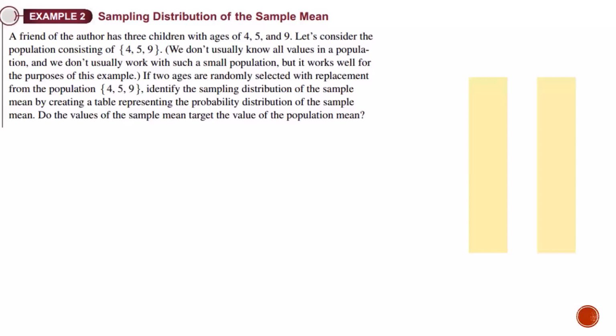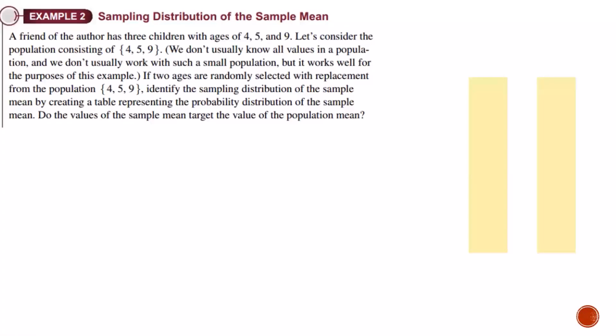Let's consider a family with 3 children: one child is 4 years old, another is 5 years old, and the other is 9 years old. So the whole population has 3 individuals.